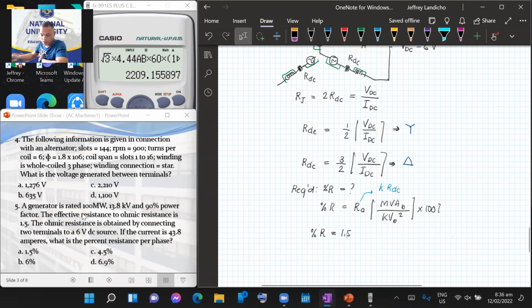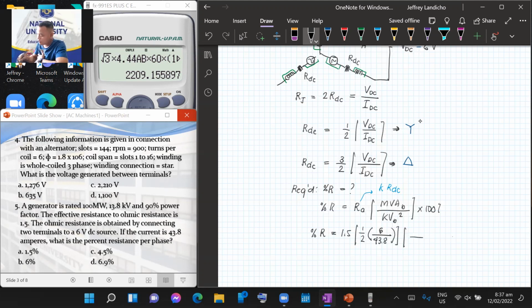Since the given generator, may binanggit ba anong connection? Kapag wala, anong assumption? Kapag hindi in-specify kung Y or delta, the assumption is it is always Y connected. Okay? So that is Y connected. So therefore, this should be equal to 1/2 times DC voltage 6 over current 43.8. So that would be our actual resistance.